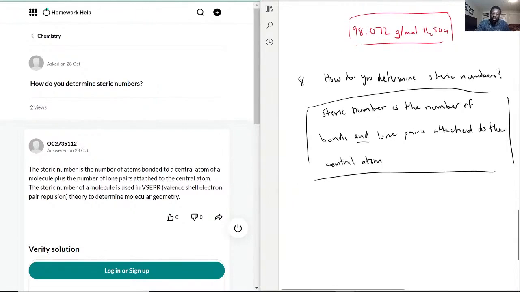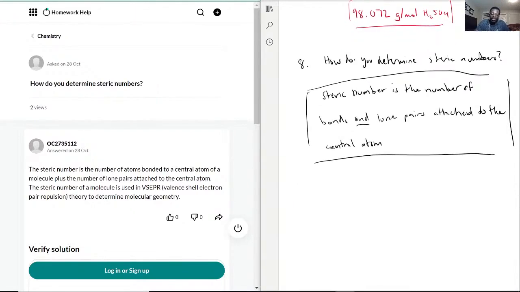So now how do we actually apply this? Say I give you an element, and it looks like this. What is its steric number? The way you find that out is you just count, starting with the bonds. So we have 1, 2, 3.